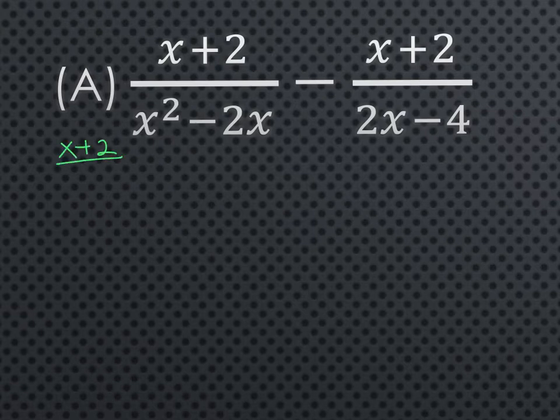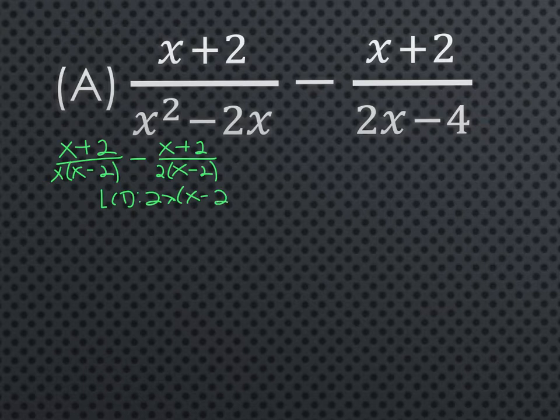The greatest common factor of x squared and 2x is x. Okay, and now we're going to identify our lowest common denominator. So our lowest common denominator, notice we need a 2 and an x minus 2.